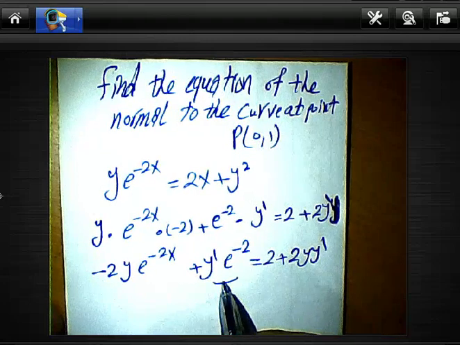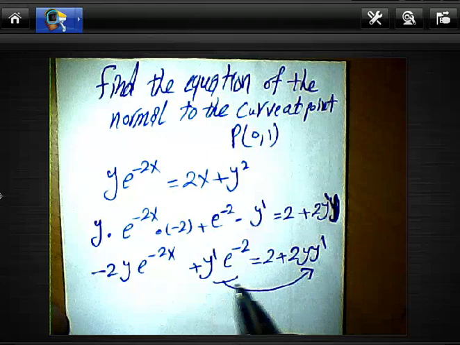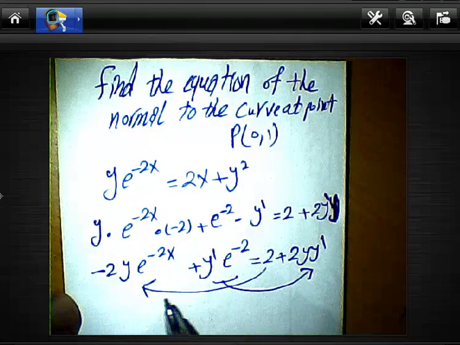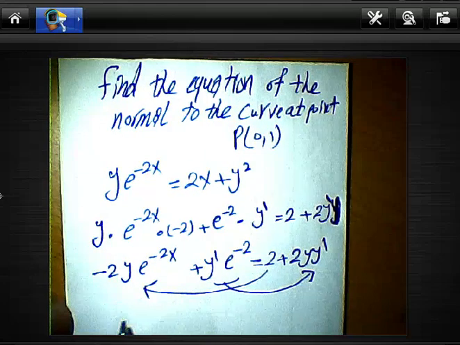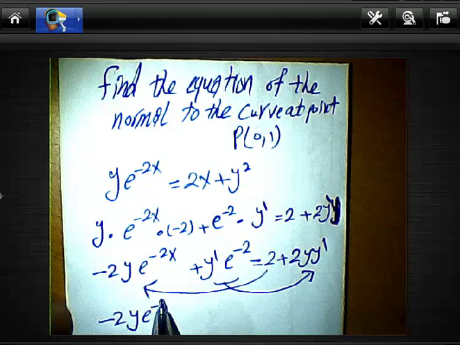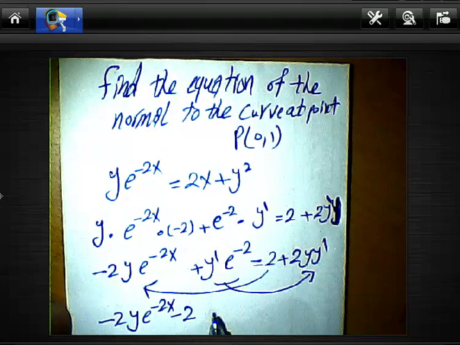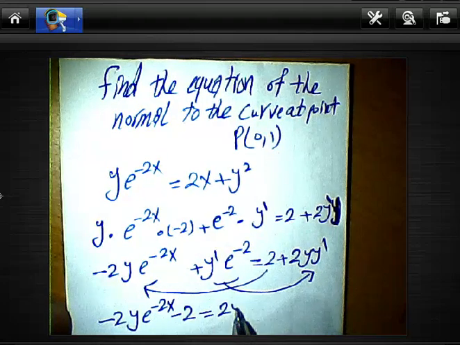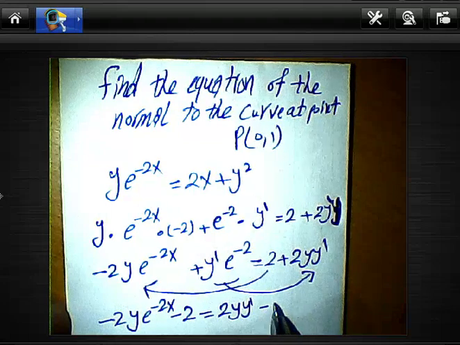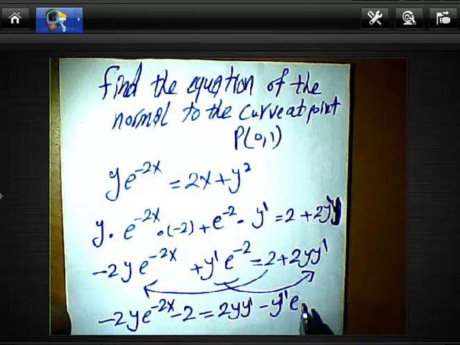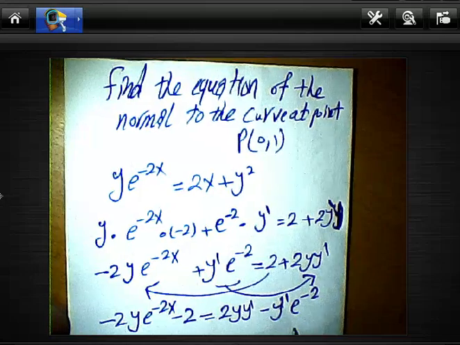So we can move this term from the left hand side to the right hand side, and 2 can move it here. So we can write negative 2y e power negative 2x minus 2 equals 2y y dash subtract y dash e power negative 2x.